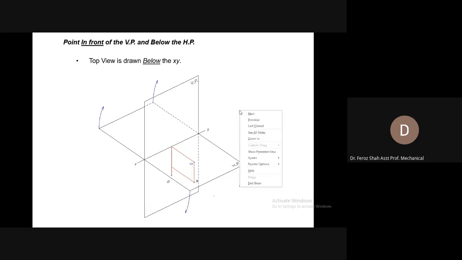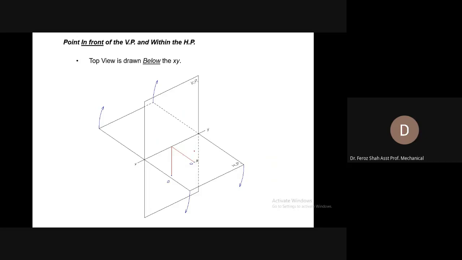So again, you can see that as far as the point is in front of the vertical plane, its top view is coming below the XY reference line. Now another case, the point is within the horizontal plane, but still in front of the vertical.